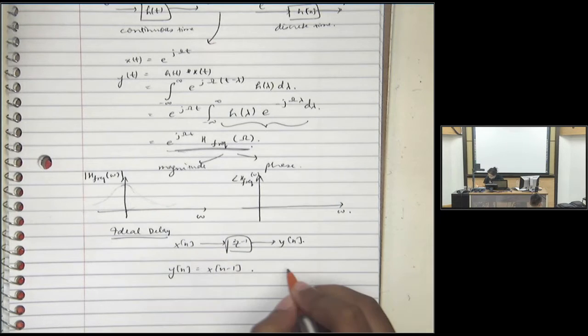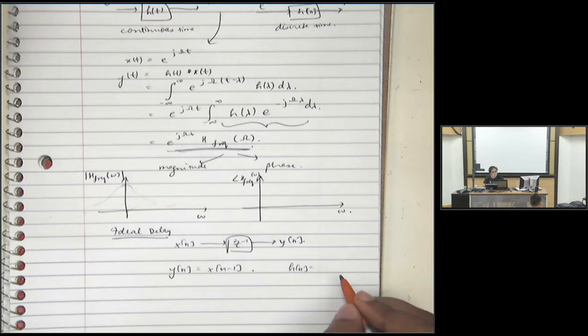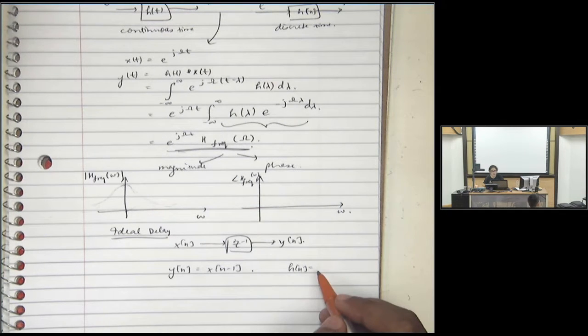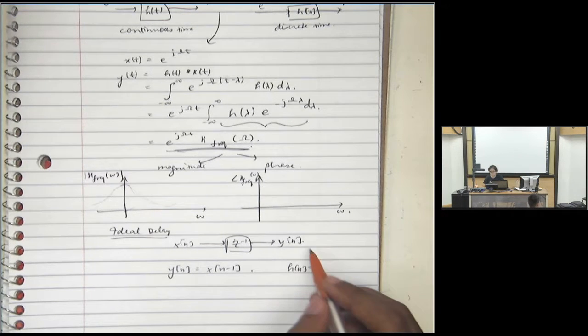So what is my impulse response? You can say that easily. So my impulse response is the output when my input is an impulse. So what will be my output? h of n is my impulse response.